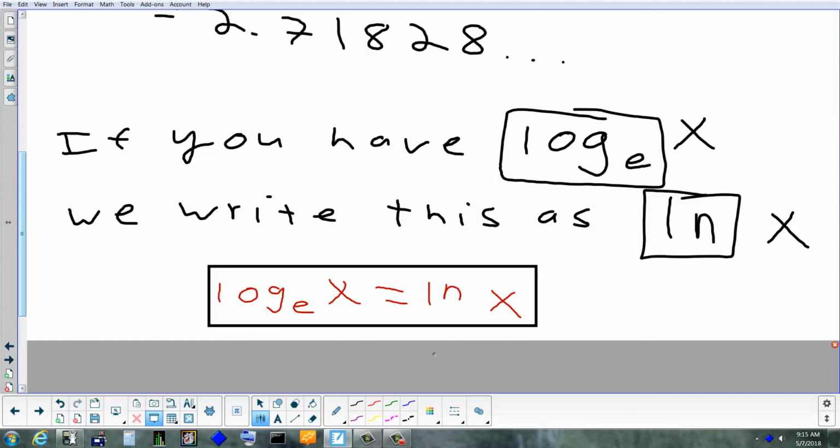What's a little tricky about that is when you write it with the lowercase l and n, look what happens to the base. It gets hidden. It's there, but it's hidden in the abbreviation ln. So you just have to remember, if I see ln, the base is an E, even though it's invisible.